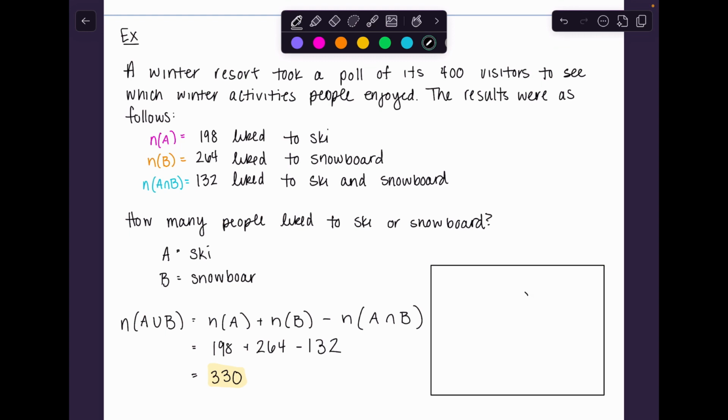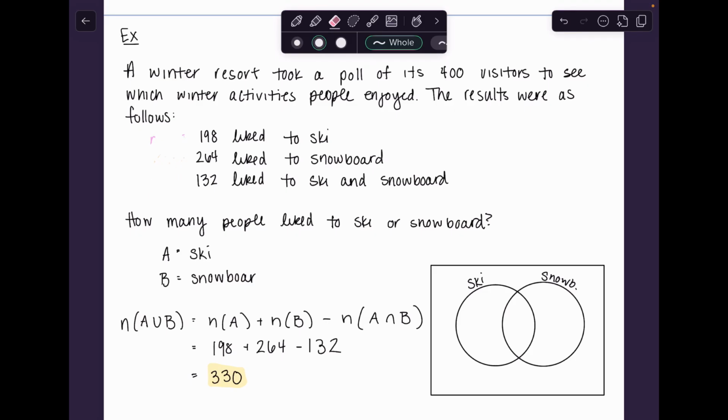So we've got our snowboard circle and our ski circle. If I go ahead and consider these numbers, the number of people that like to ski and snowboard is 132. So 132 is that overlap. Okay, make that a little more clear.